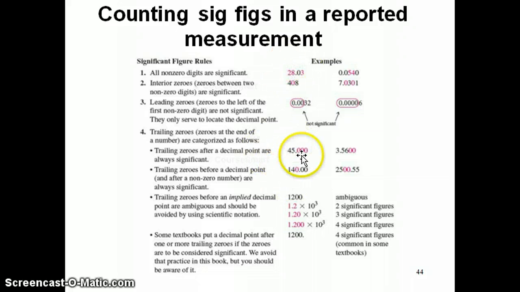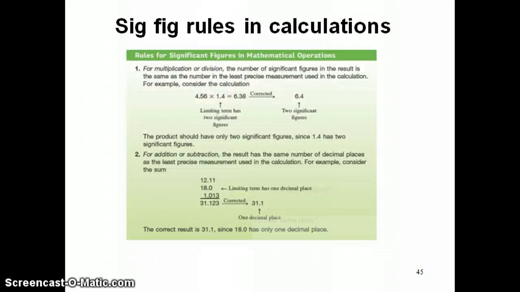The particular ones that are important are really those related to zeros, because certain zeros are counted as significant, whereas other zeros are not counted as significant. So you have to remember all of these rules. Again, you can read them through. I'll have maybe one or two questions in class about significant figures that you can practice on. The homework assignment also has significant figure questions.